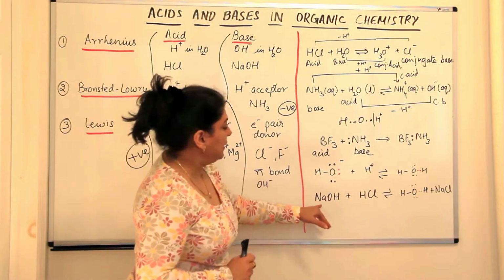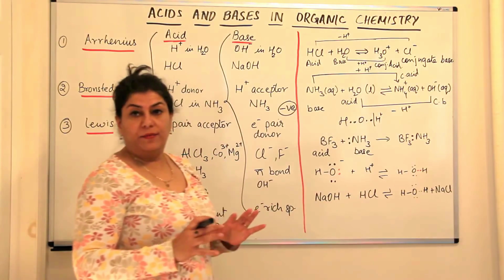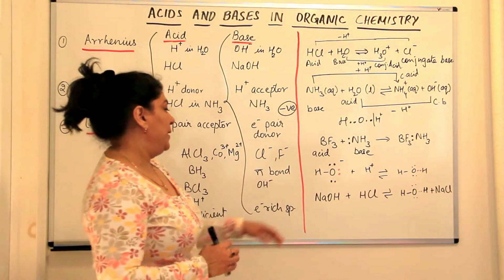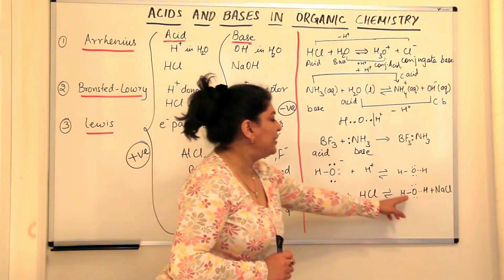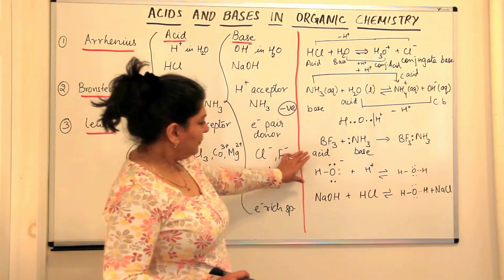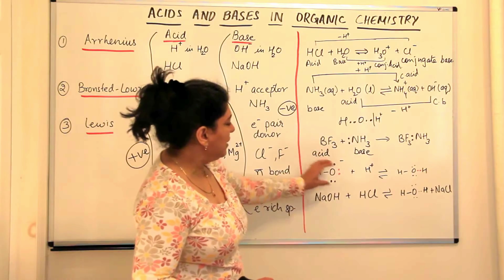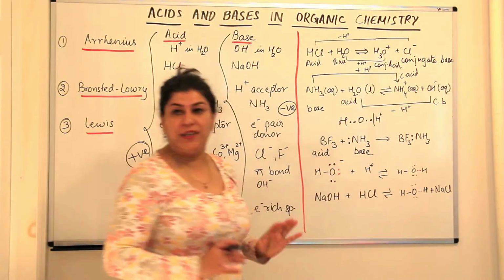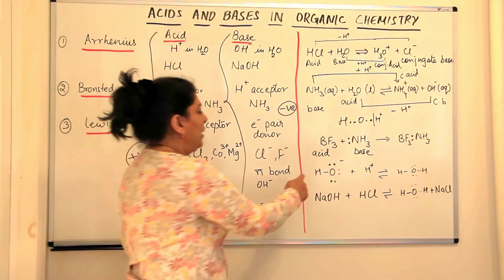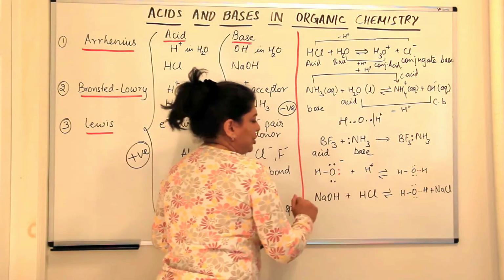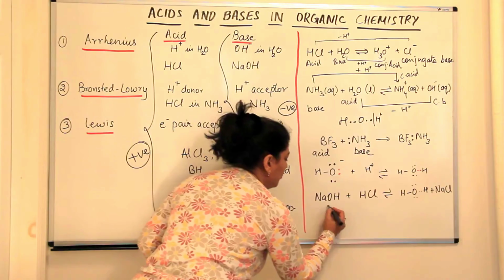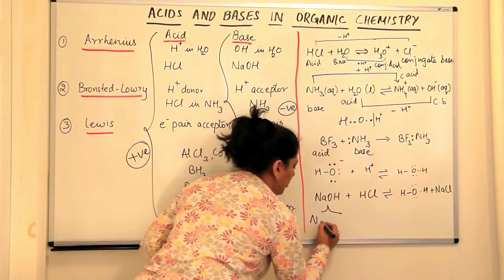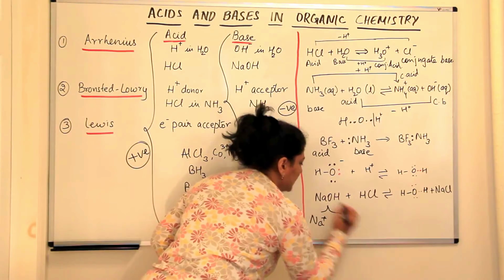Let us take an example, NaOH and HCl, a neutralization reaction, a reaction between an acid and a base, which gives you water and a salt. And we are just taking a part of this reaction to study the different definitions. The OH negative from NaOH breaks down in water into Na positive and OH negative.